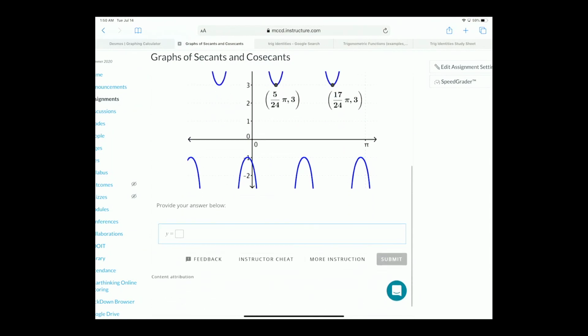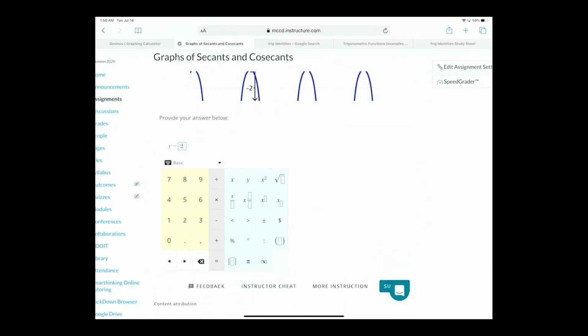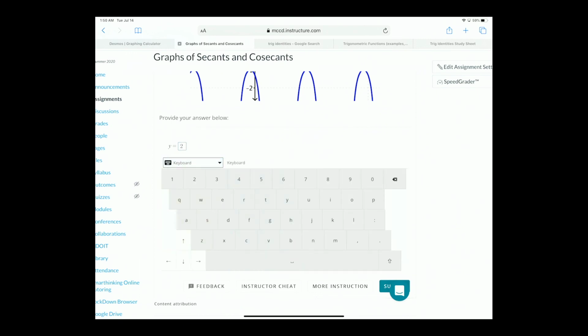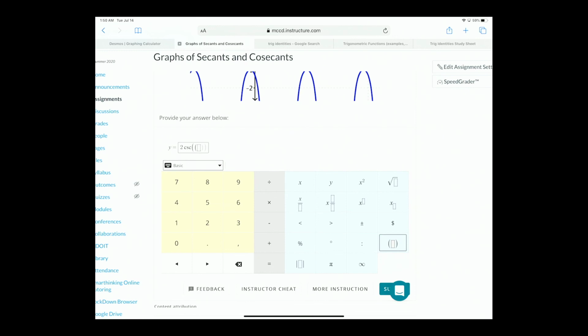Sorry, I already forgot it. Scroll up. What is it? It is 2 cosecant, open parentheses, on the outside we have a 4, and then x minus pi over 12.